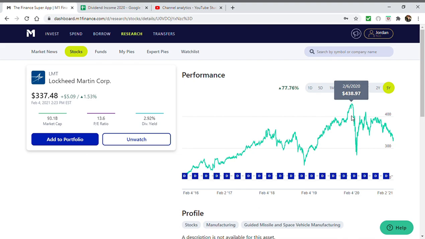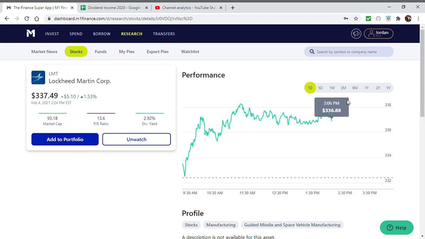So I asked myself, okay, if it traded at $440 back at the beginning of 2020, since then it is now more profitable, has more gross revenues, more backlogs. In that time, why is it trading $100 plus cheaper? Doesn't make a whole lot of sense to me. So right now the PE ratio is low, the dividend yield is high. They just raised that dividend payment almost 10% at the end of 2020, and guess what? They're due to raise it again here in 2021.